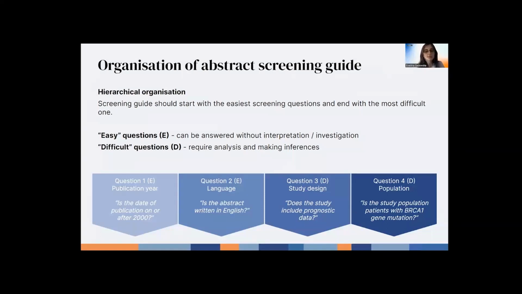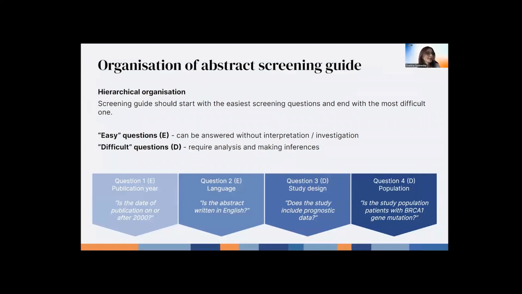And difficult questions are those that require the abstract screener to make inferences from the text, or that require reading the entire abstract carefully. As an example, it may be questions 3 and 4, for example, for study design: does the study include prognostic data?